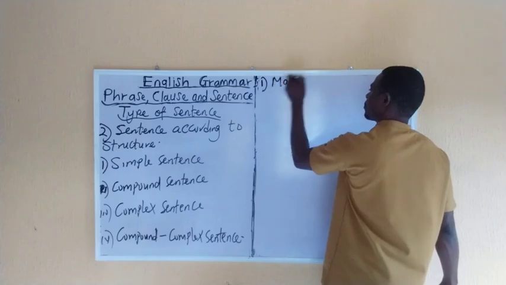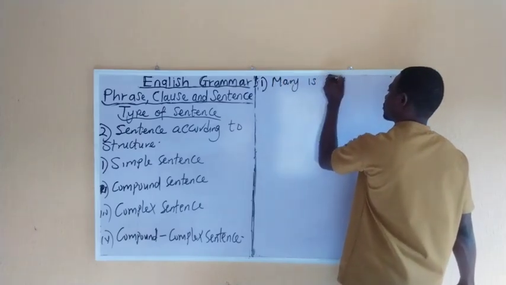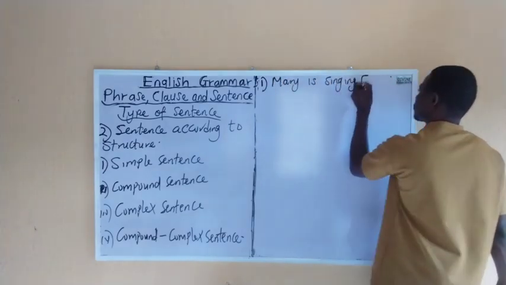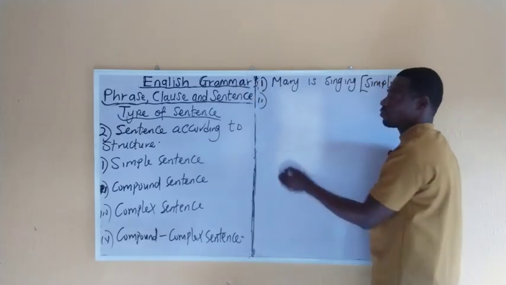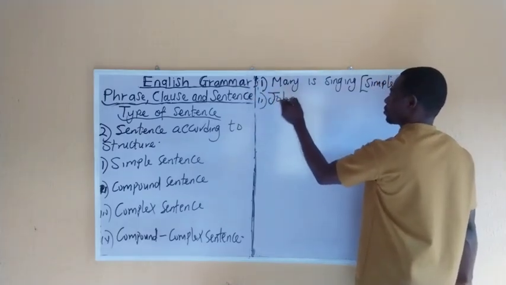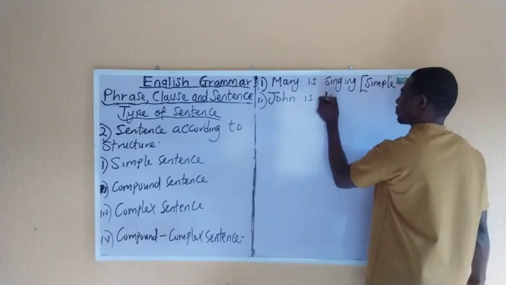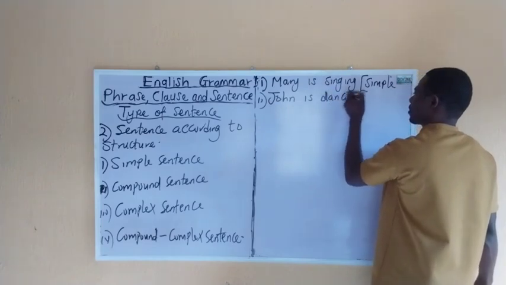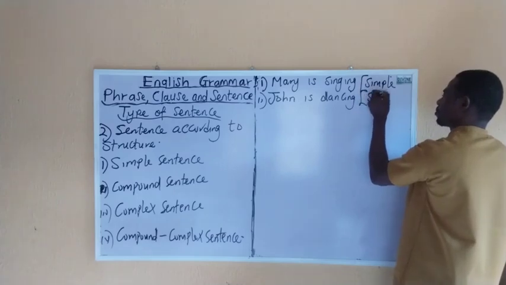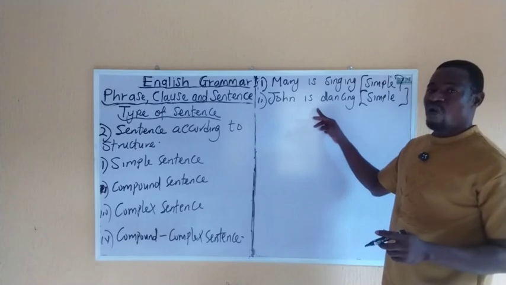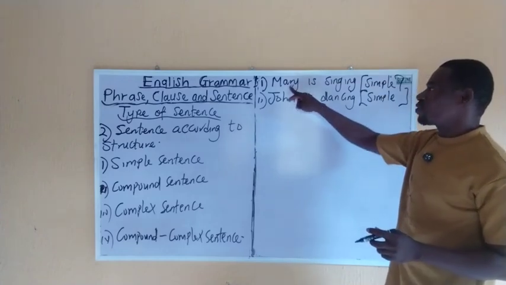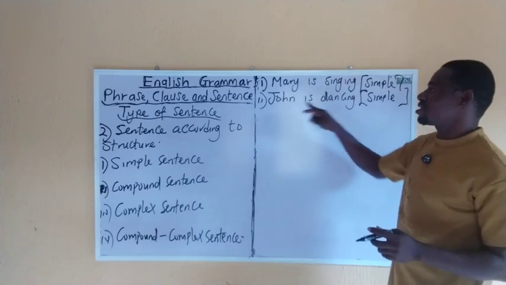Mary is singing. Simple. Another example: John is dancing. Simple. Okay, these are two examples of simple sentence. The first one, Mary is singing. The second, John is dancing.